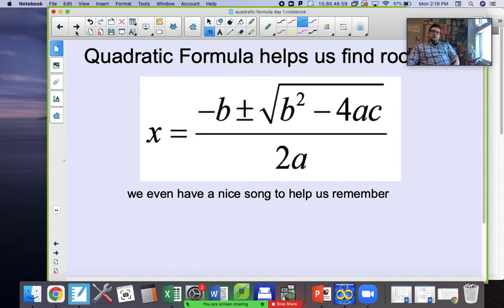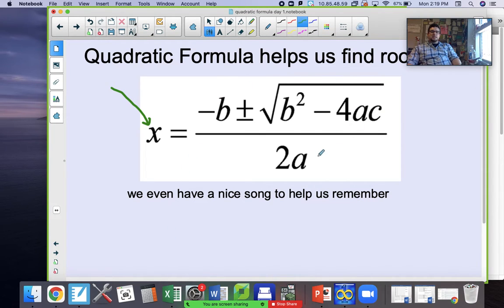Here is the quadratic formula. X is equal to negative b plus or minus the square root of b squared minus 4ac all over 2a. It looks more complicated than it actually is. Truthfully, x is the only variable in the entire problem.